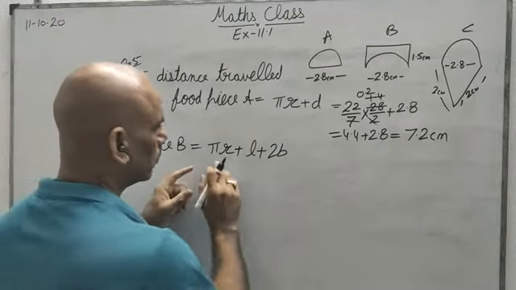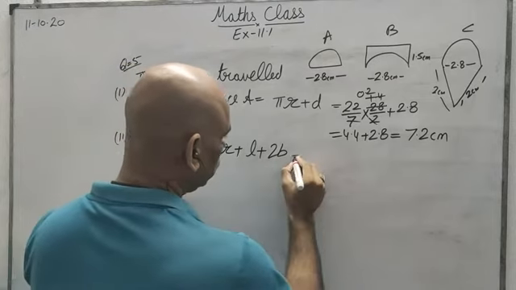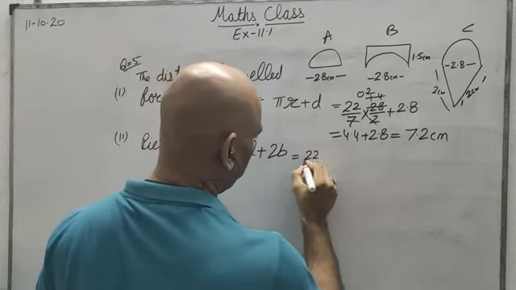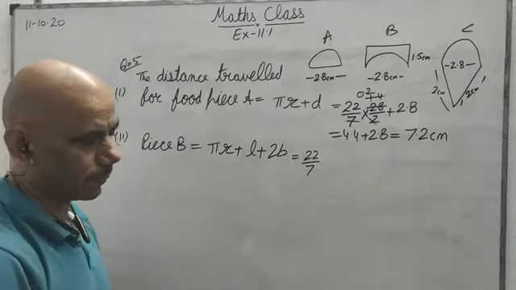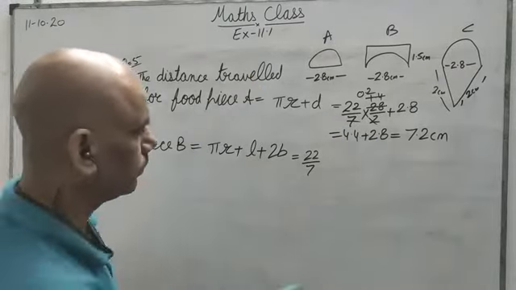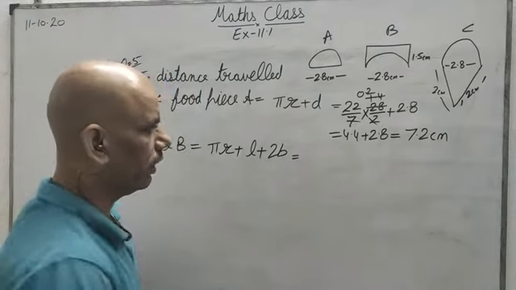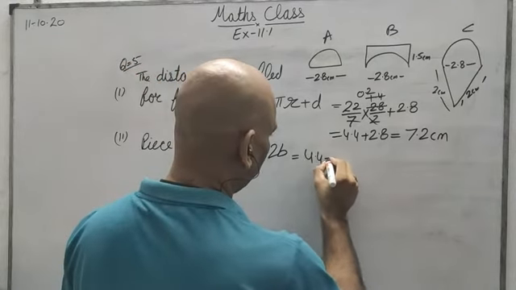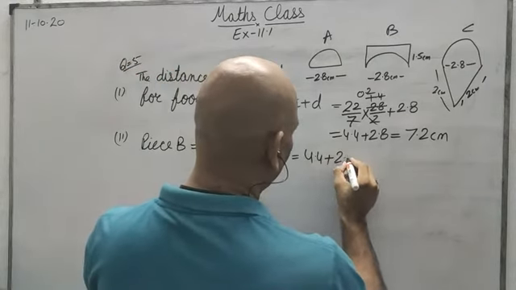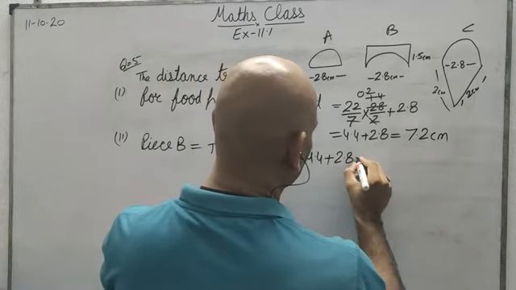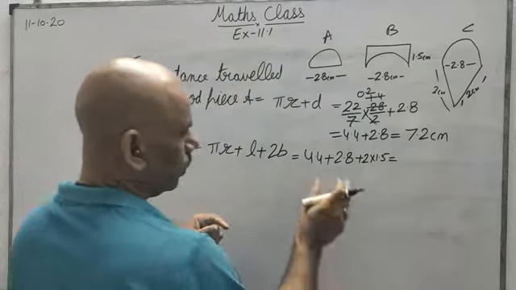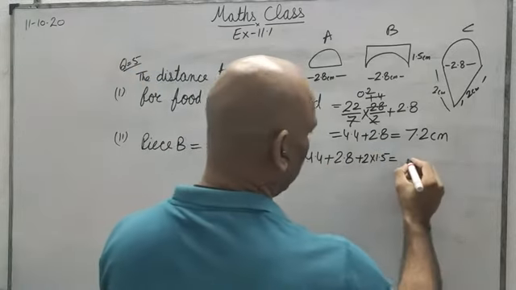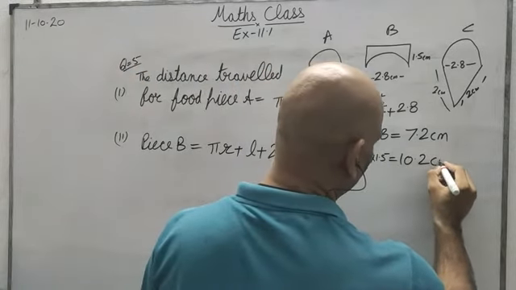So pi r is 22 upon 7, or you can say this is pi r only, 4.4. I have calculated it once, need not calculate again and again. And L is 2.8 and B is 2 into 1.5. So this is 7.2 plus 3, 10.2 centimeters.